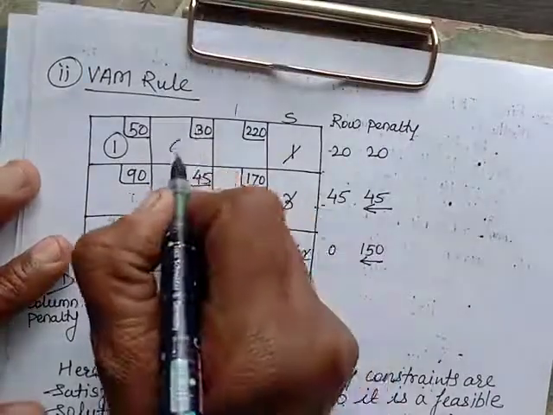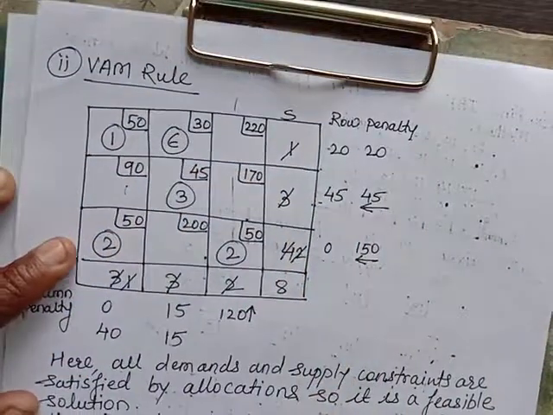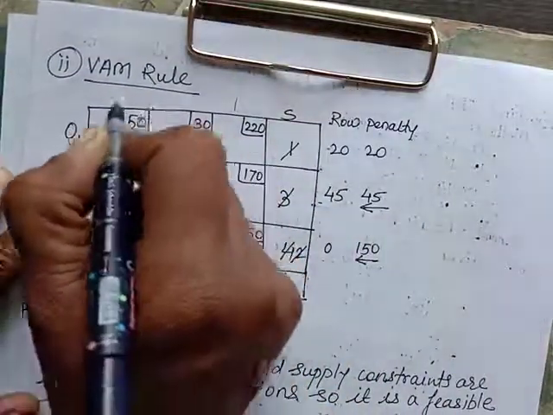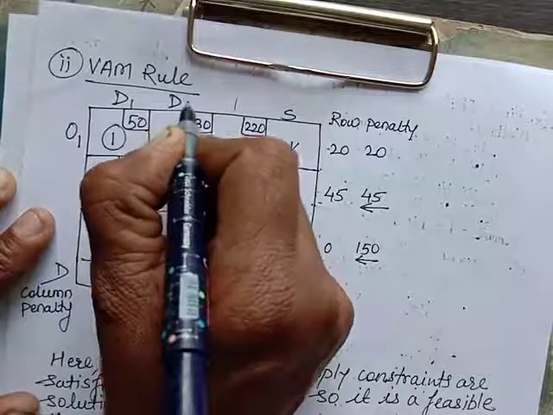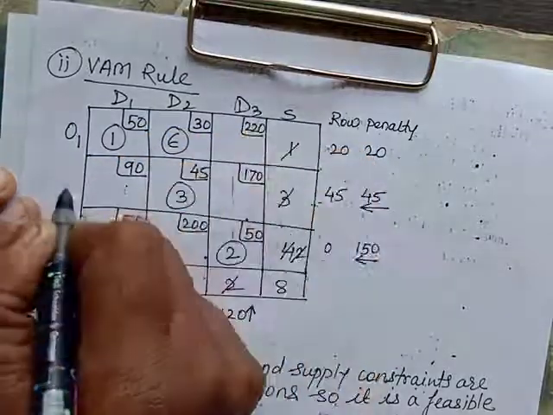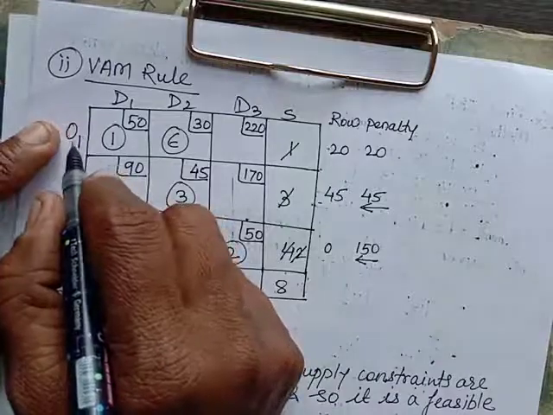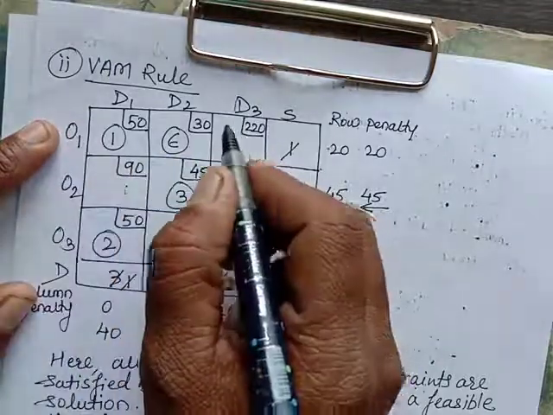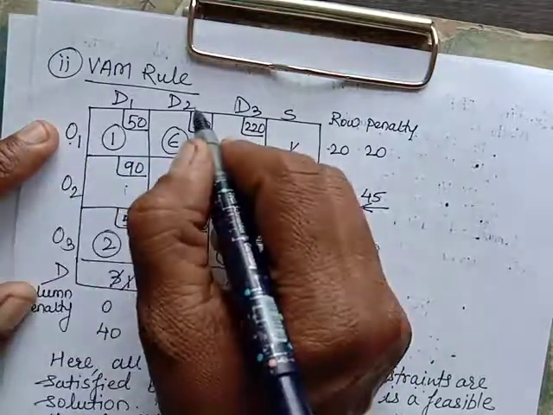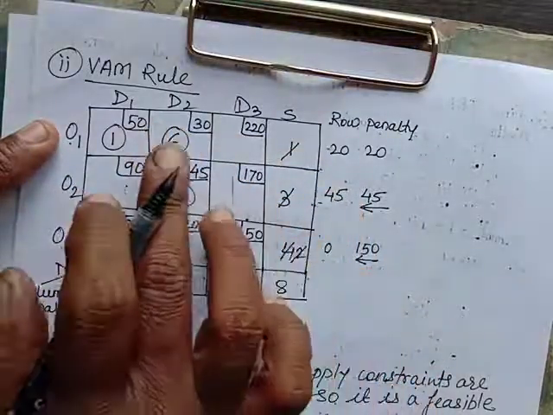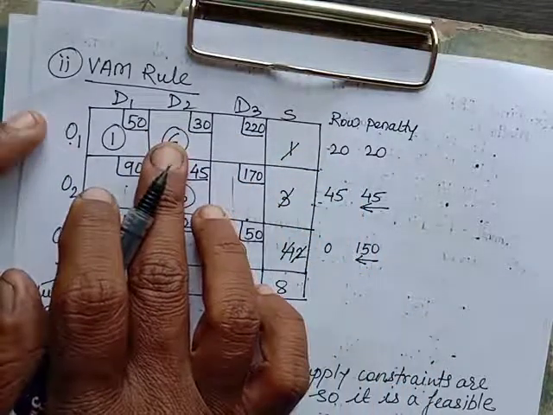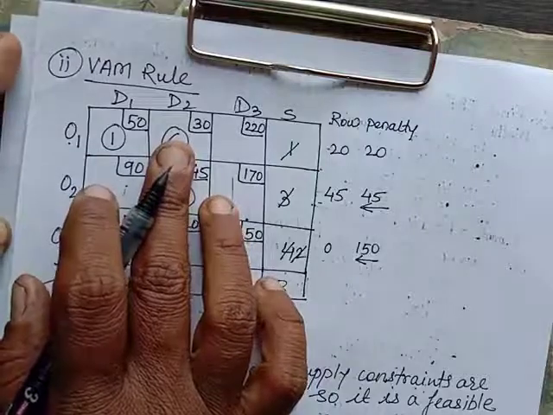So look at here carefully. Here if we have to write epsilon, fine. So here this is origin 1, you know these are destinations. Destination 2 is this. Okay, origin 1, 2 and 3. So it doesn't mean that we are shipping or transporting something from origin 1 to destination 2. It is just for simplicity to find the optimal solution.